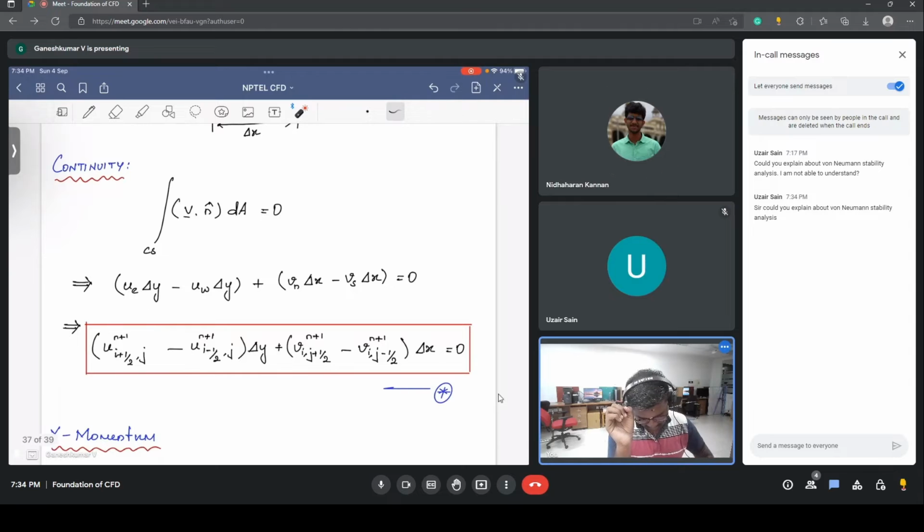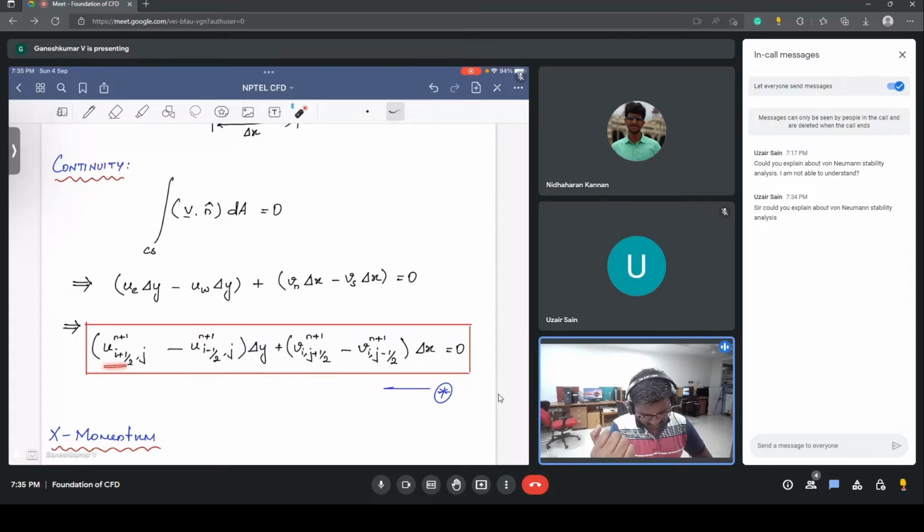So coming to Nidaran's doubt, what happens here is, we are solving for unsteady incompressible equations.